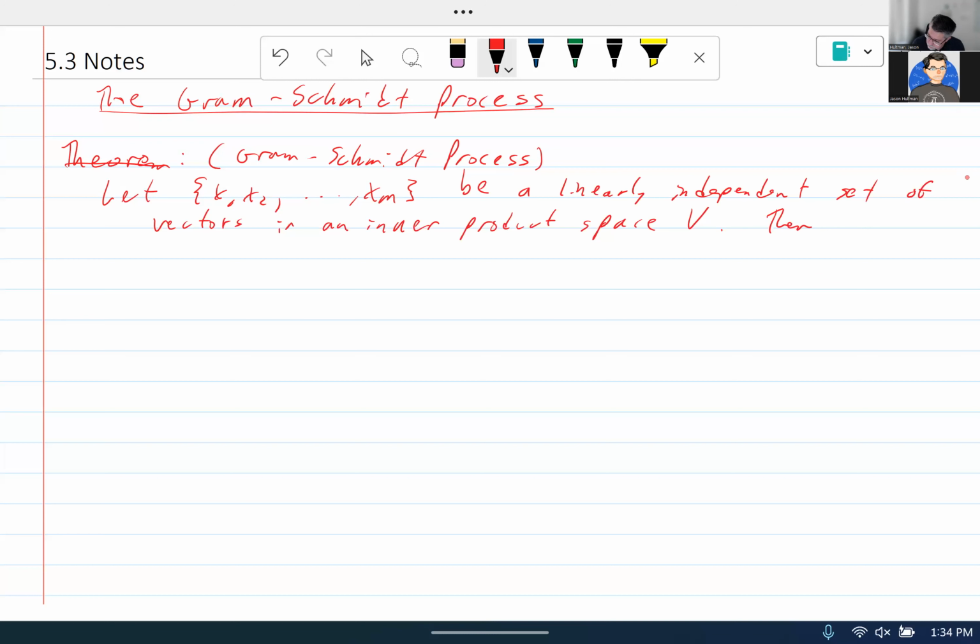So this just takes my independent set of vectors and it turns it into not only a basis, but an orthogonal basis. That's kind of cool. Okay, it doesn't turn it into an orthonormal one, but it does turn it into orthogonal.